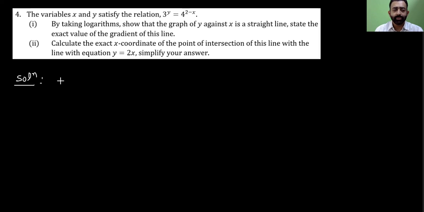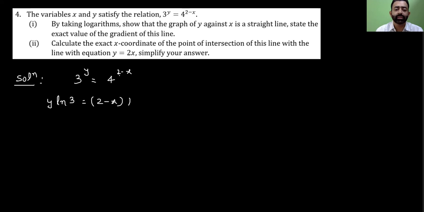By taking logarithms, that means if it is 3 raised to power y is equal to 4 raised to power 2 minus x, take the log of this, you will get y ln 3 is equal to (2 minus x) ln 4. You can take log with any base or just log with e, which is natural log ln.